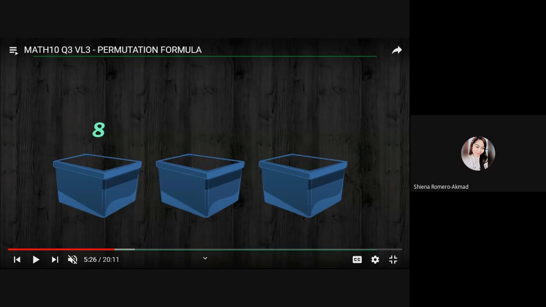How about for the second box? 7. And for the last box, we have 6 choices. If we multiply these, we get the answer.